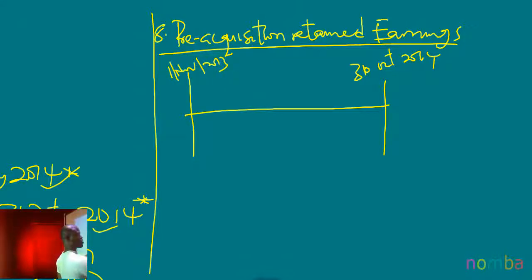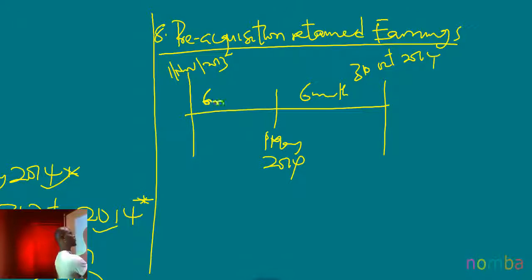And we acquired the subsidiary on 1st May 2014. That is an acquisition during the year. So there are 6 months here and 6 months before. Now, when we say pre-acquisition reserve, we are talking about the reserve at this date, 1st May 2014.